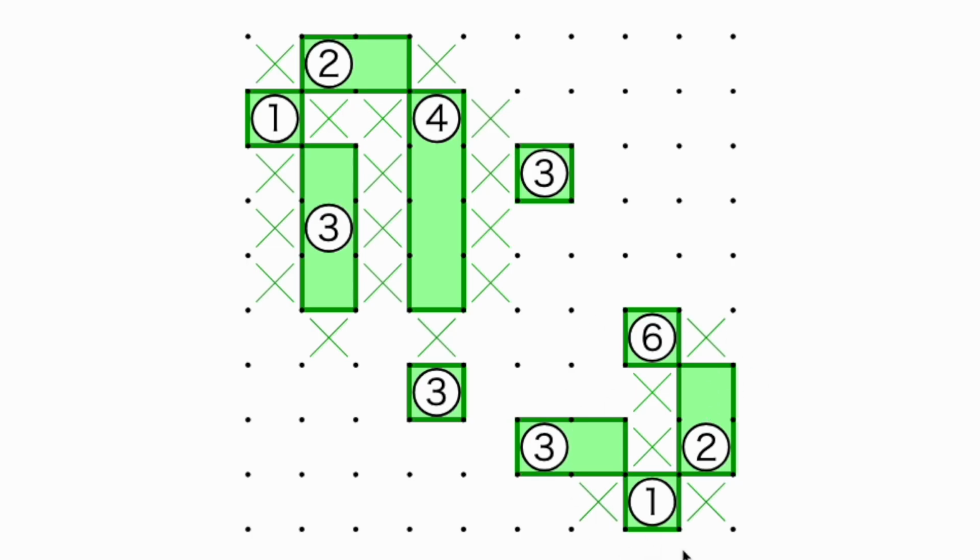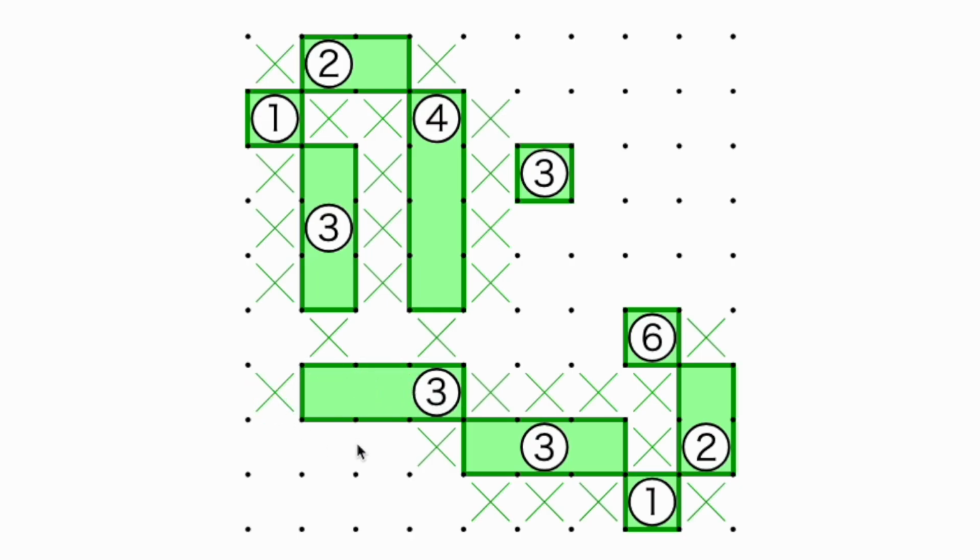We've got similar things happening because this 3 is defined the same way this one was. We know it's, in this case, horizontal, and it doesn't have any neighboring cells. That gives us a dead end on this 3, so it's going to have to go horizontally. And that's it for the easy stuff.